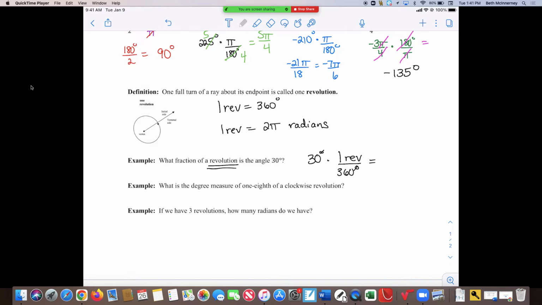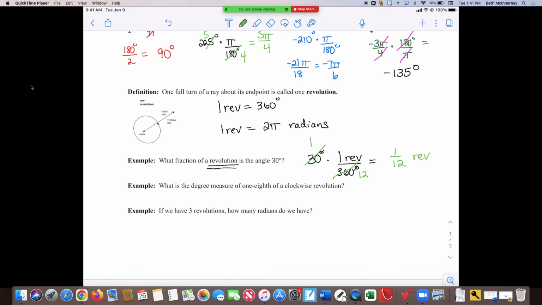Okay. So now I want to ask myself, 30 and 360: 30 is the greatest common factor. So 30 goes into 30 once. 30 goes into 360 how many times? 12, right? So this is 1/12 of a revolution.